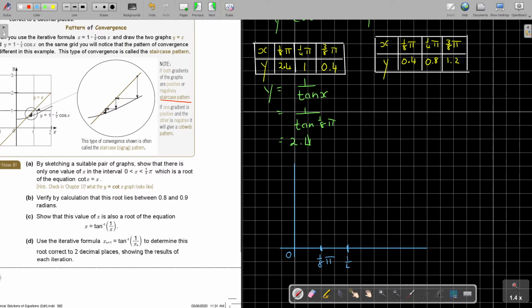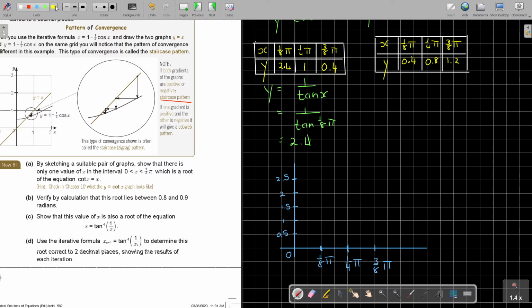So it's a quarter pi, or 2 over 8, it's fine. And then it's going to be 3 over 8 pi. And on this axis, I'm going to work with 0.5, 1, 1.5, 2, 2.5. Okay, and then I'm going to plot my graph.